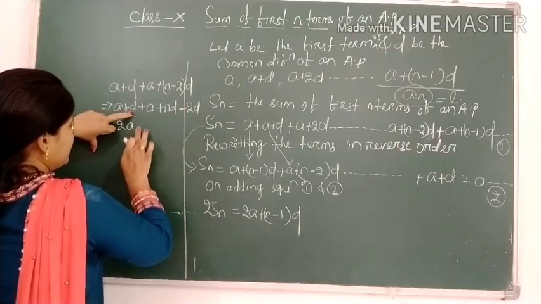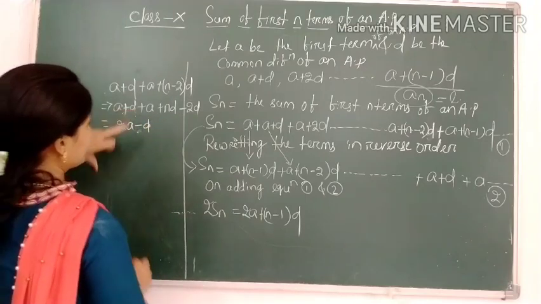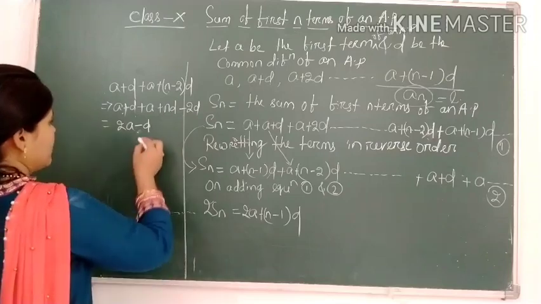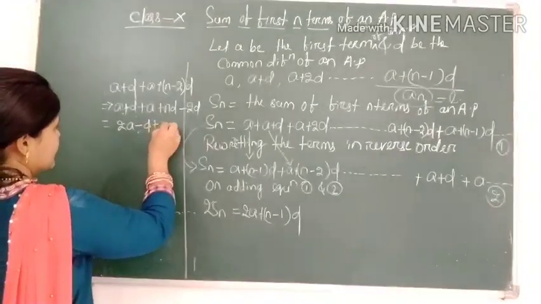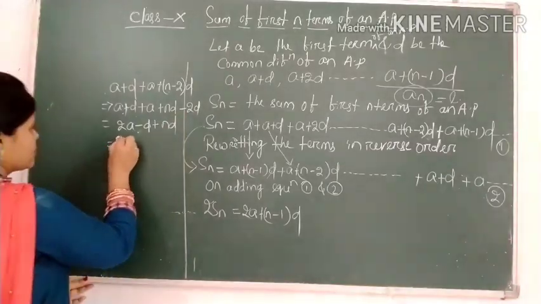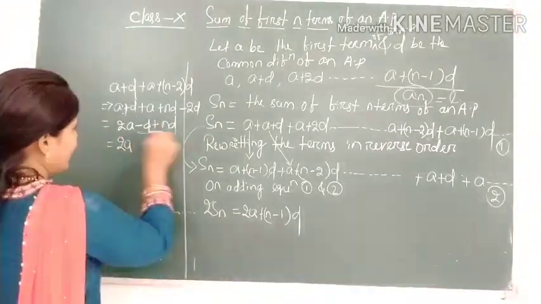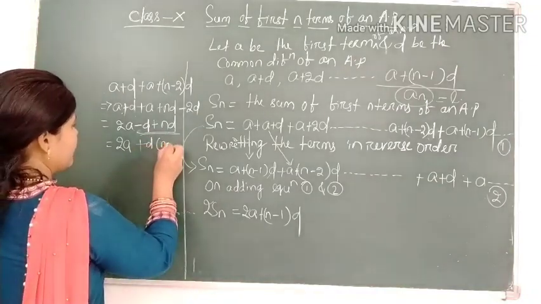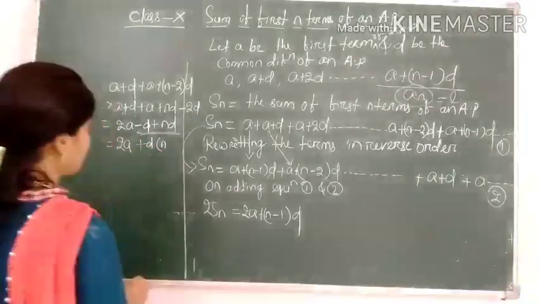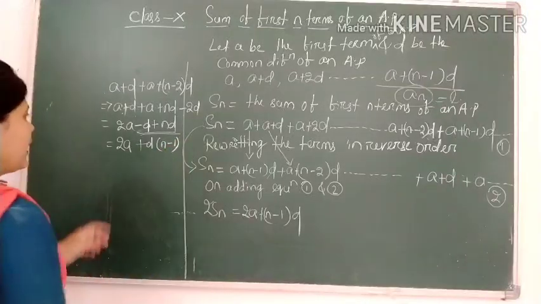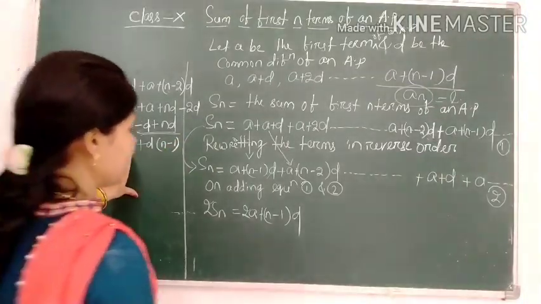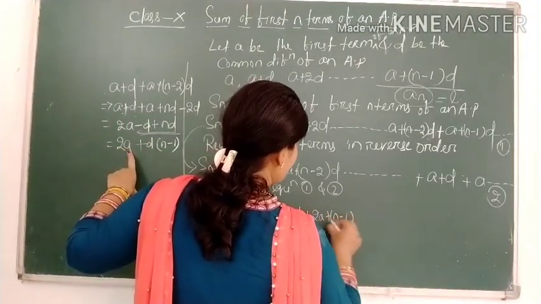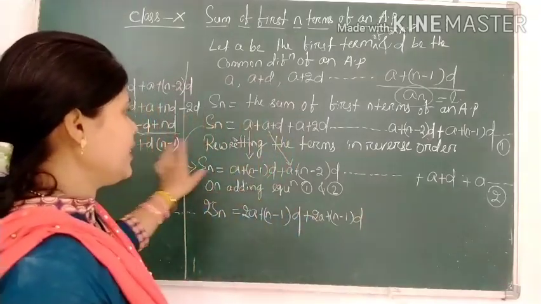Minus 2D means minus D, plus nD. Okay, so 2A. If I take D common, then n minus 1. Okay, so I am getting my value here also as 2A plus n minus 1 into D. Got it?